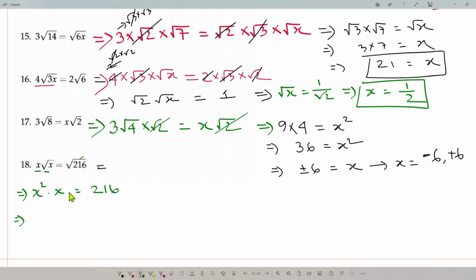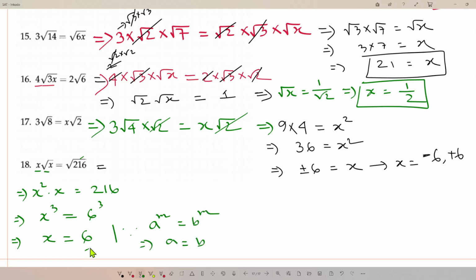Now x squared times x will be x cubed, and this 216 we can write as 6 to the power 3. Now look here, the powers are the same, so the bases will be equal. We can write x equals 6. Why? Because we know a to the power m equals b to the power m means a equals b. So our answer is 6.